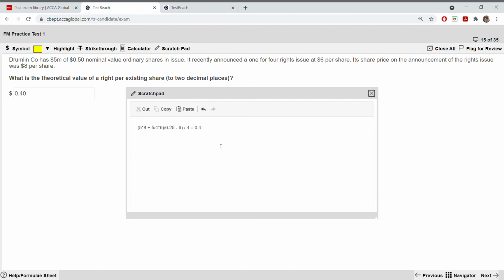So this is how they are getting it. I think you're able to see it. Now you cannot zoom this out. So we understood how they got 5 into 8. We understood this part also. But the part which is bothering me is the calculation. I'm not able to do the calculation and get 0.4.